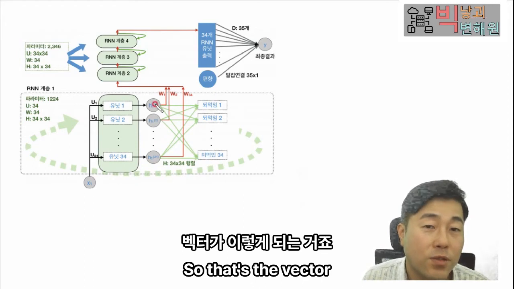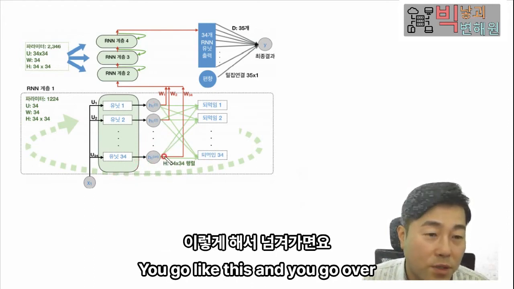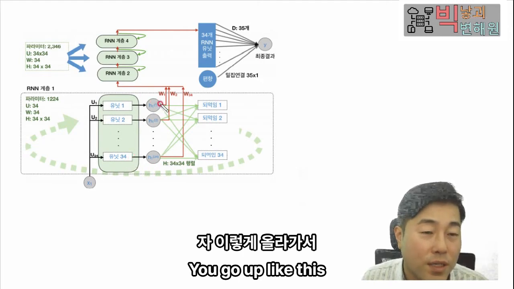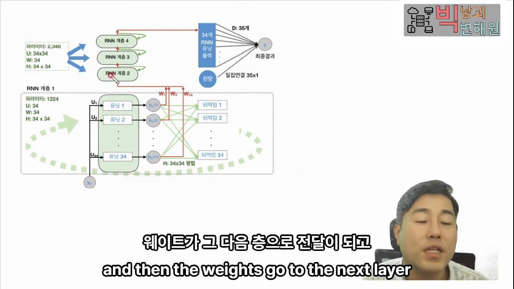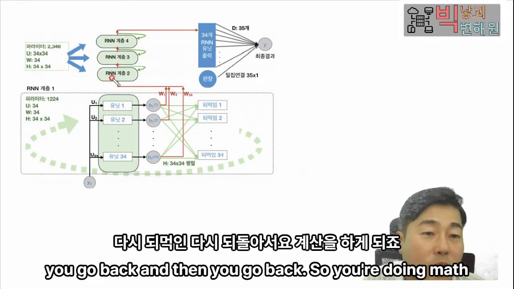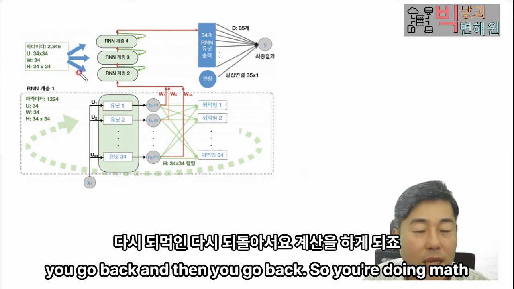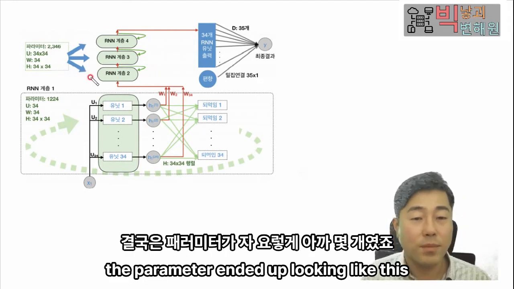So that's the vector. That's why we use vector maths. You go like this and you go over. You go up like this, and then the weights go to the next layer. And then when you go to 3, you go back and then you go back. So you're doing math.